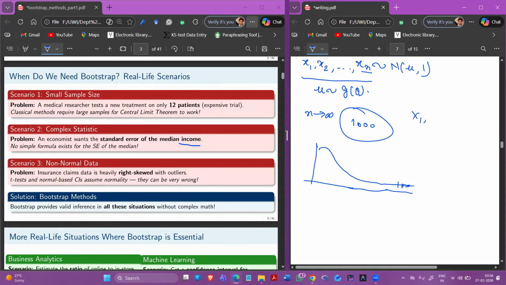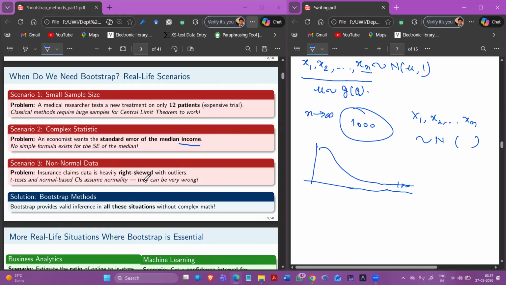That x1, x2, xn, whatever sample you are taking, should follow the normal distribution. Yes or no? Right. So when you are going to find the confidence interval or apply the test, it will definitely be wrong. You find the asymptotic confidence interval, right?